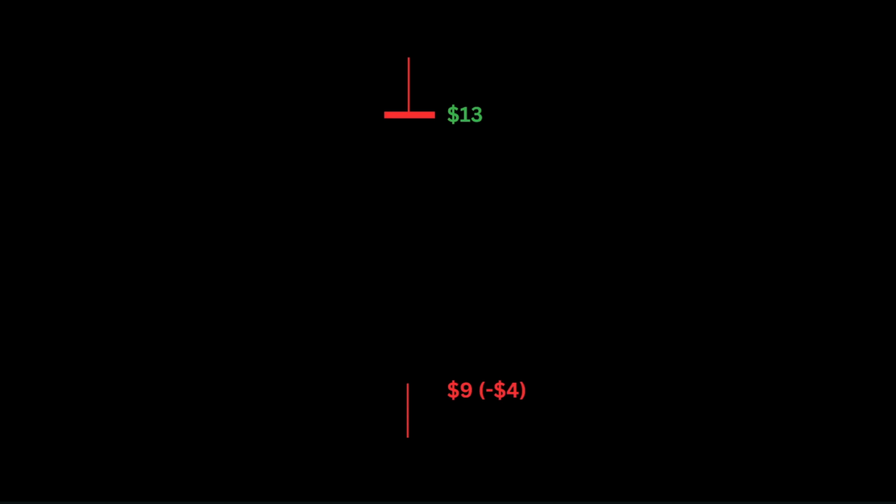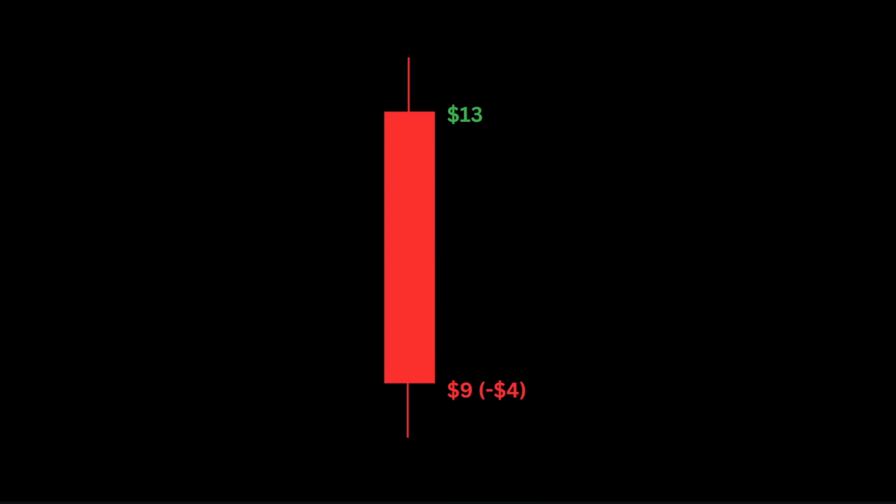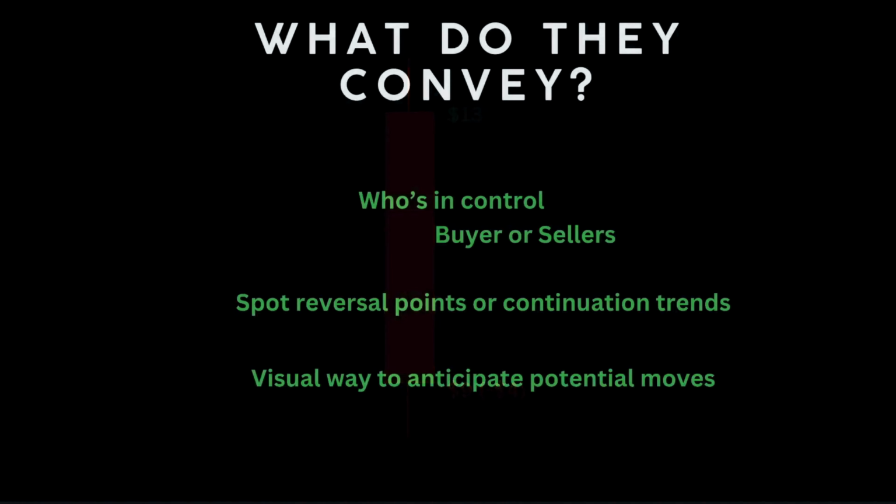For example, if the price started at $13, but moved down and ended at $9, which is $4 down from $13, that represents a red candle. Basically, if the price ends higher than the open, then you get a green candle. If the price ends lower than it opened, then you'll get a red candle. It's very simple like that.